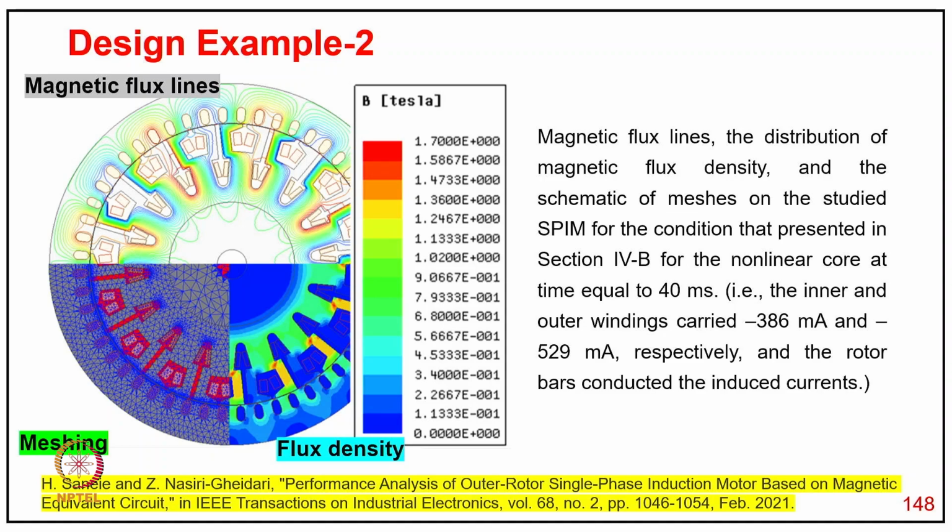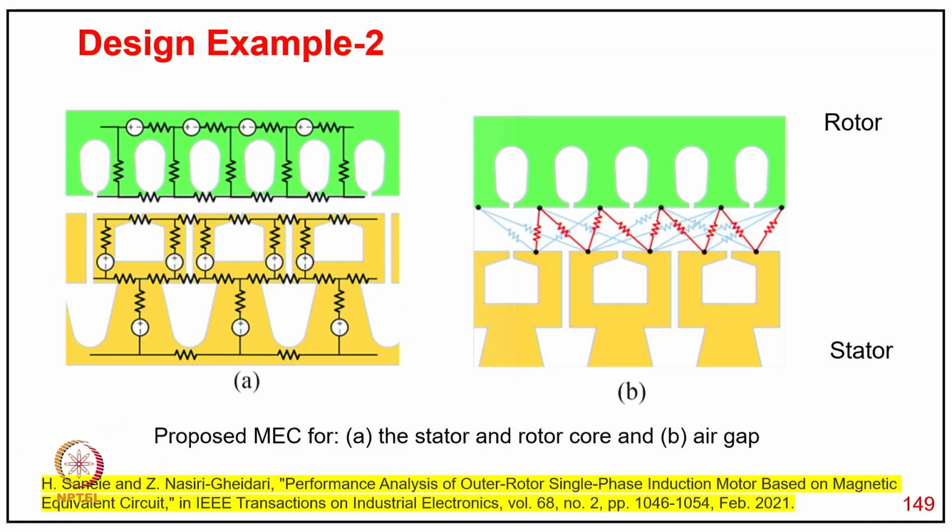Magnetic flux lines, the distribution of magnetic flux density, and the schematic of meshes on the studied single phase induction motor for the condition prescribed in section 4B for the nonlinear core at 40 milliseconds, that is, inner and outer carried 386 milliampere and 520 milliampere respectively, and the rotor bars conducted the internal current. This is the proposed magnetic equivalent circuit for the stator and rotor core and the air gap.